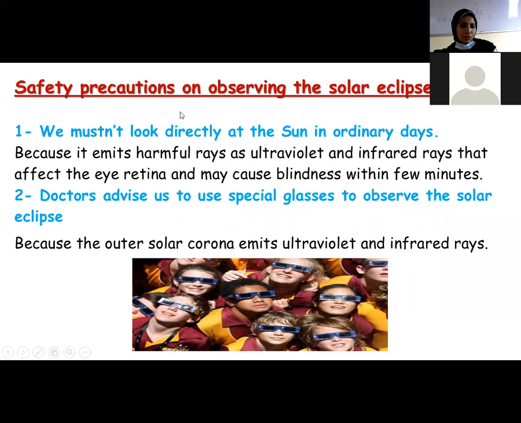Last part in this lesson, safety precautions on observing the solar eclipse. As we know, we must not look directly at the sunlight on ordinary days, because the sunlight emits harmful rays.